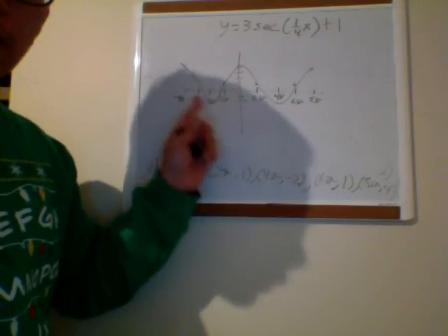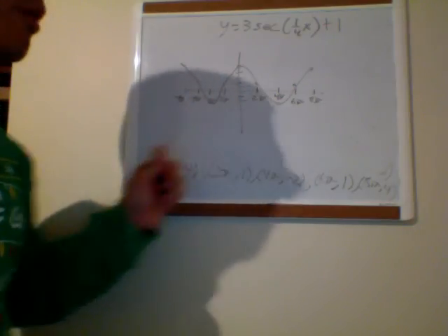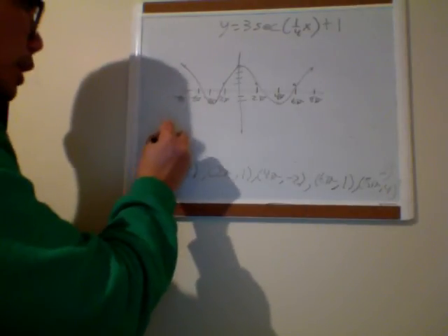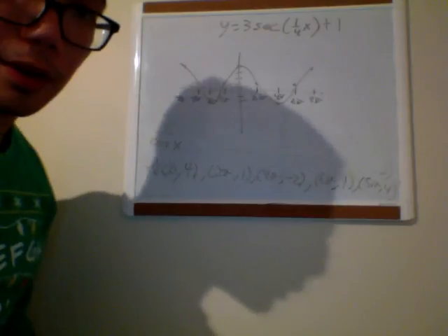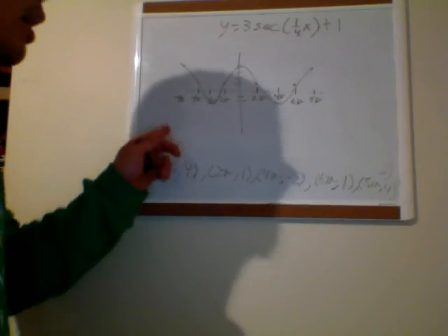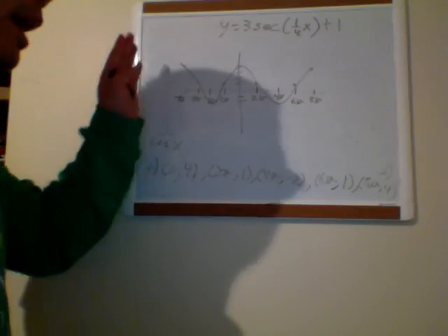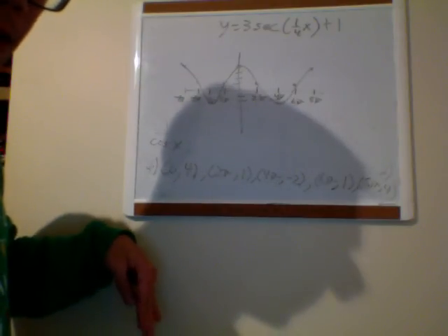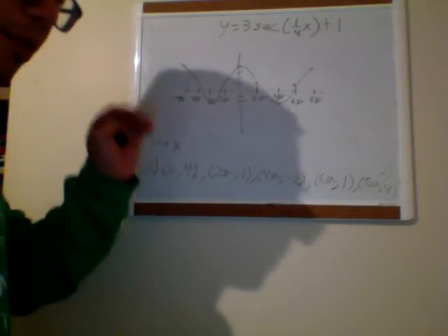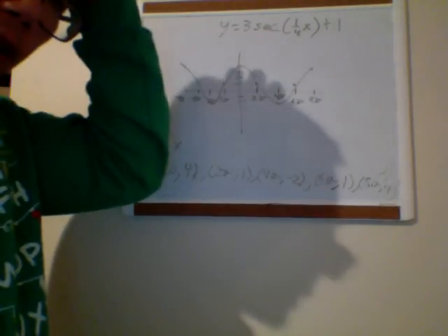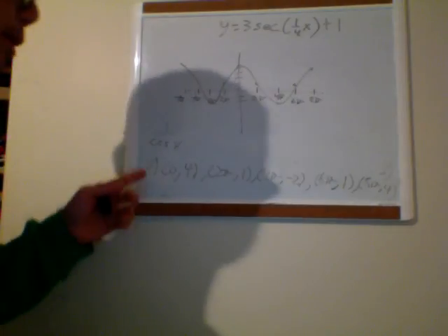The trick here is to find my asymptotes. Now remember, secant is 1 over the cosine. If the cosine is 0 at pi over 2 and at 3 pi over 2, 5 pi over 2, 7 pi over 2, secant will be undefined because cosine will be 0.